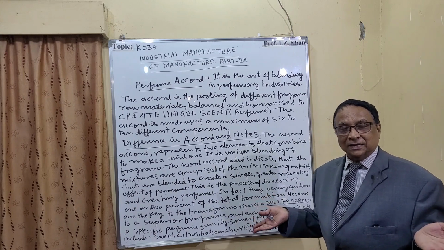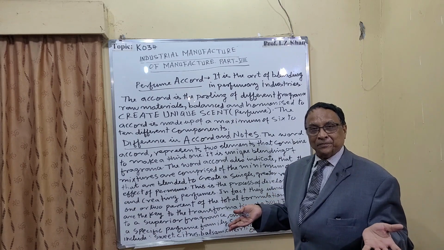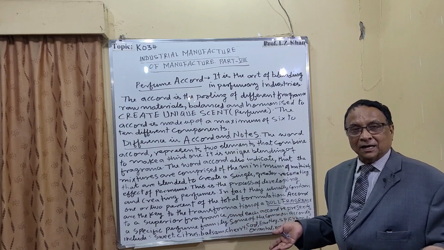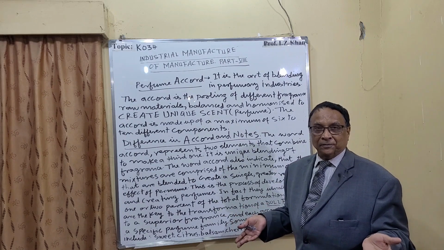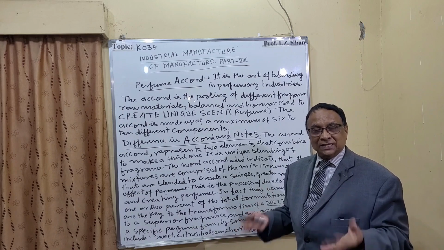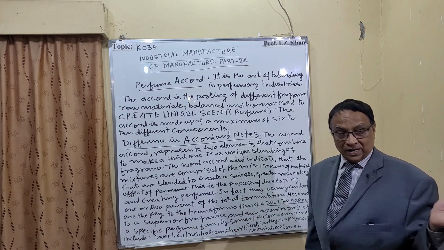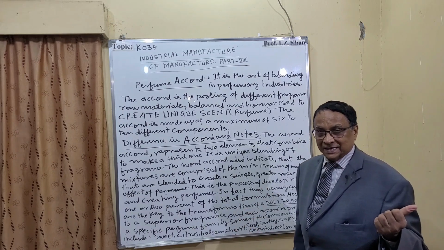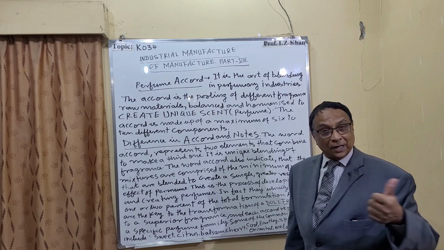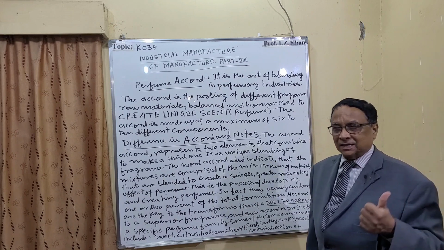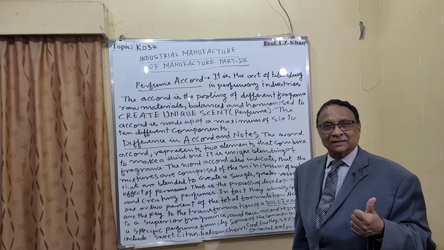And that's why the French spray, they are experts in perfume accord. Very carefully they do the research, and that one I will discuss next time, that is how to develop the accord. That is a little bit complicated area.